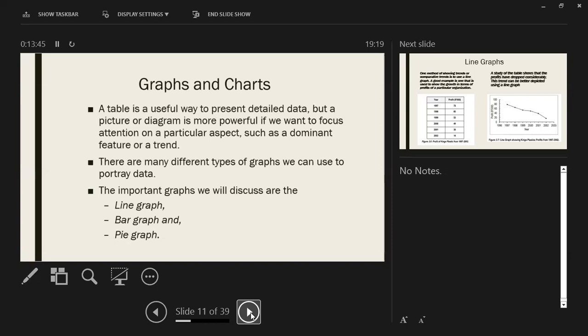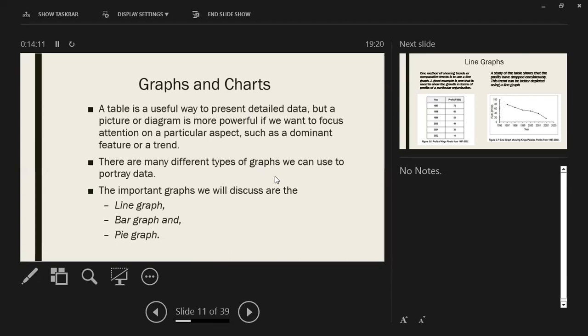So the other way of visualizing data, of presenting data, is using graphs or charts, right? A table is a useful way to present detailed data, but a picture or a diagram is more powerful if you want to focus attention on a particular aspect, such as a dominant feature or a trend.